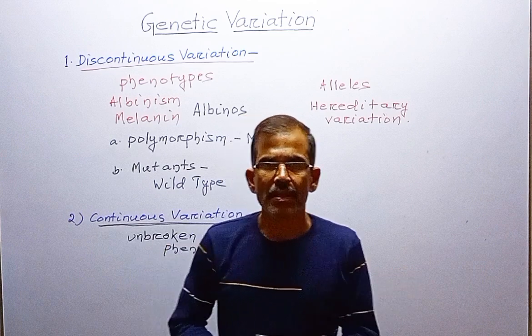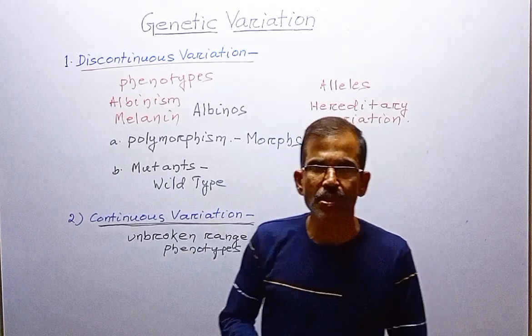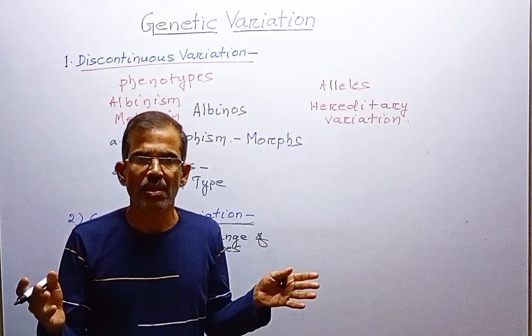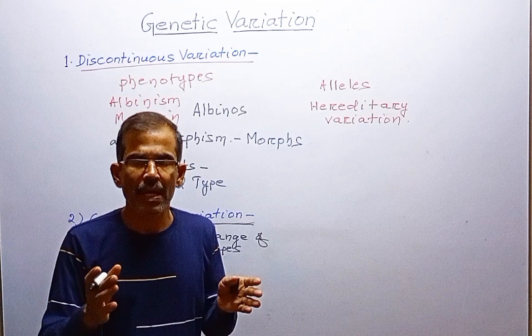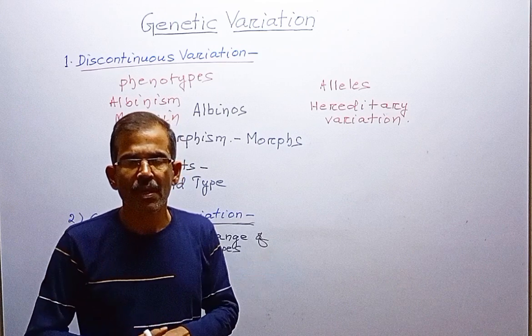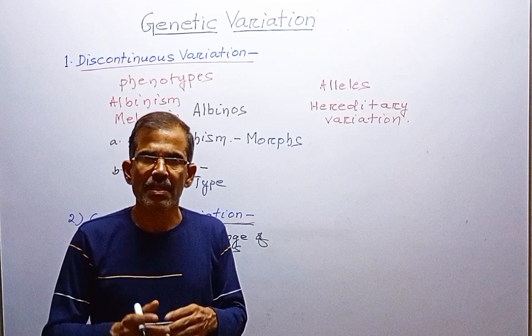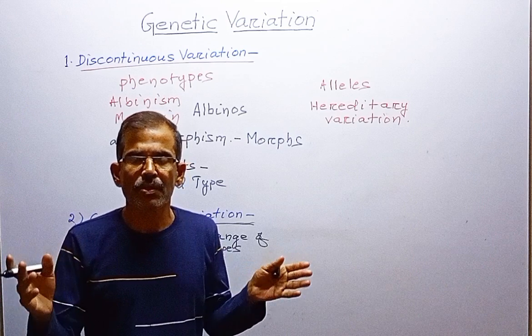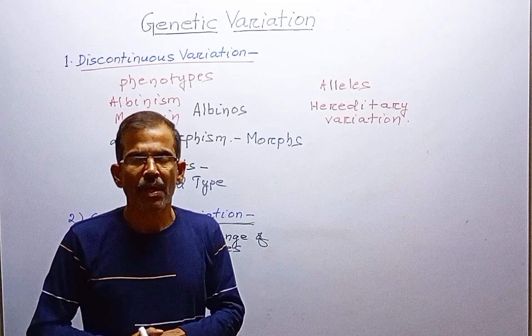In case of continuous genetic variation, there is no one-to-one relation between genotype and phenotype. For this reason, little is known about the genes underlying continuous variation.